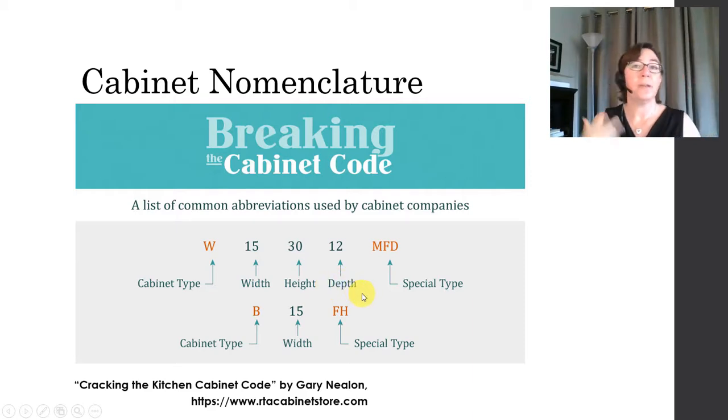If you don't need one of those numbers, it will be left off. So some of them, for example this base cabinet right here, will not have all three sets of numbers. At the end of the code will be any additional information, special type, anything else.